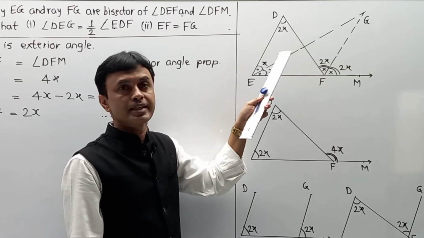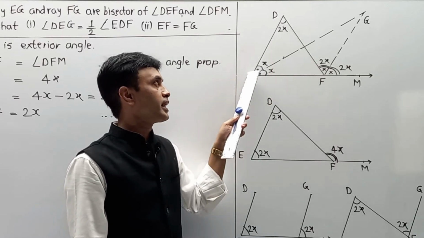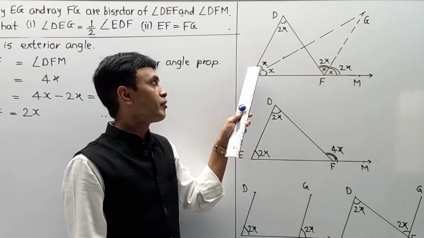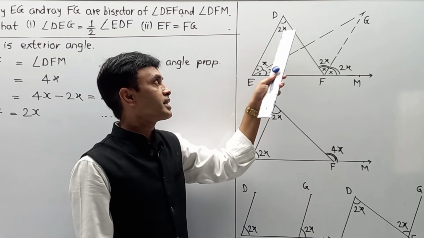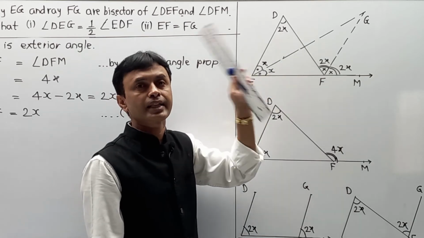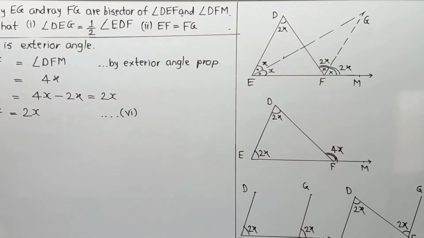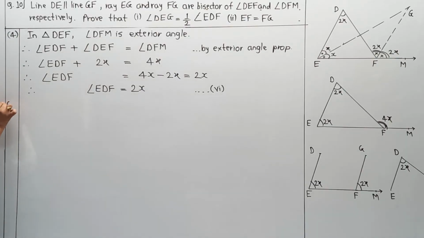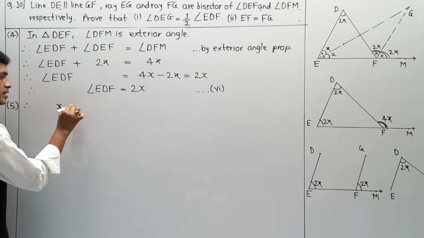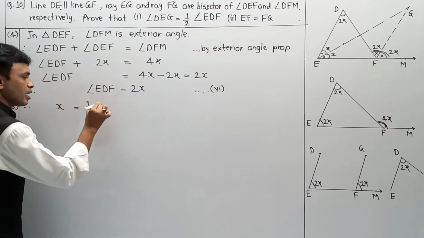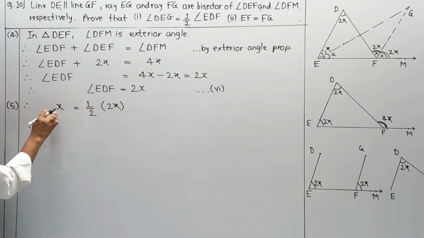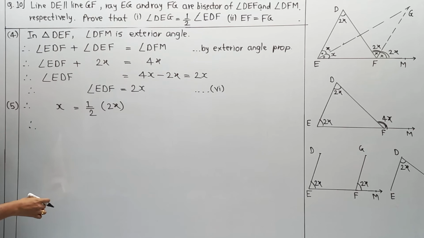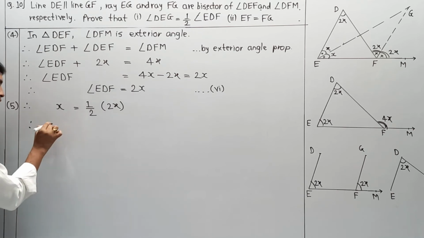Now we can say that the same part we can prove. Angle DEG is half of EDF. Means we have to write x is half of 2x, and I am writing that part over here. So the part is, therefore x is equal to half of 2x. Now x, according to that diagram, is nothing but angle DEG.